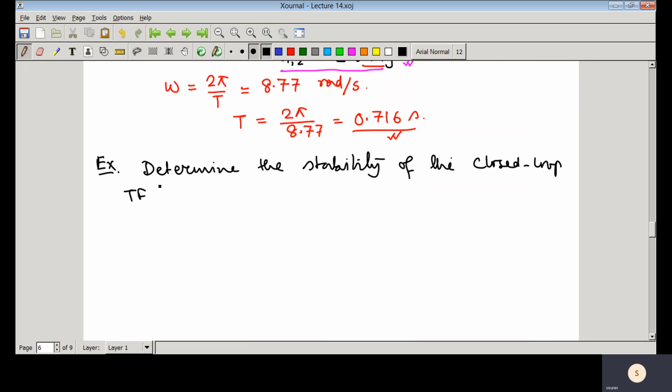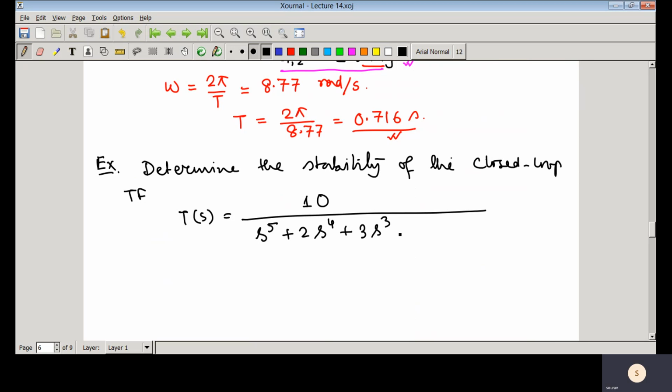So suppose a transfer function is given, that is T(s) equal to 10 divided by s^5 plus 2s^4 plus 3s^3 plus 6s^2 plus 5s plus 3. So if this is the closed loop system, we need to determine the stability.